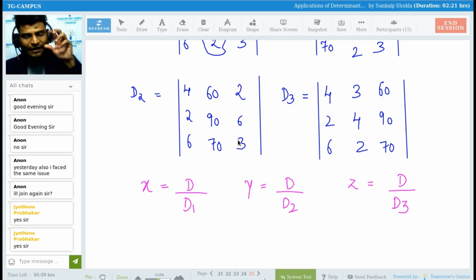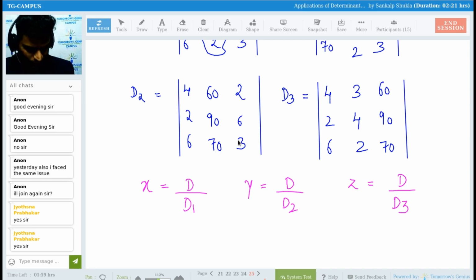Because when you expand a determinant, you get a proper value, so all four determinants have their respective values. So D1 upon D will be a number, and that will be the value of x.